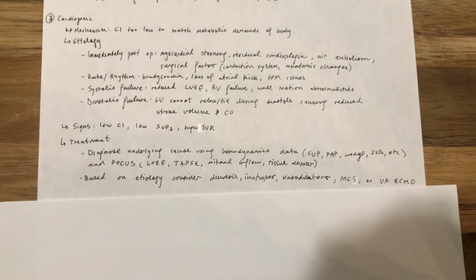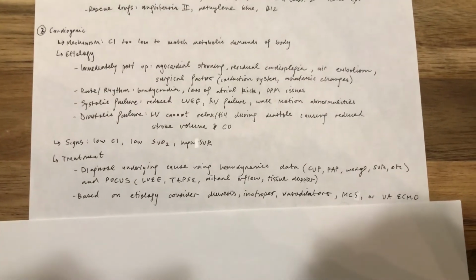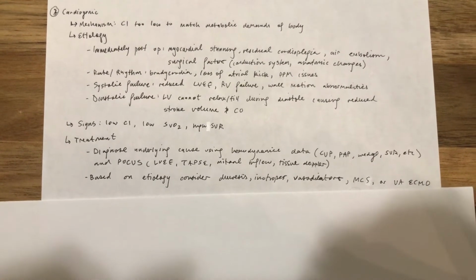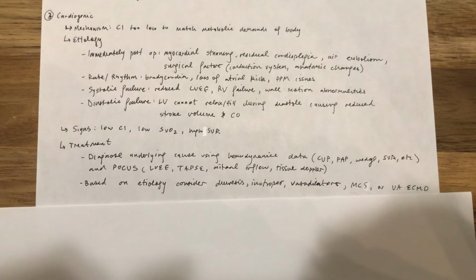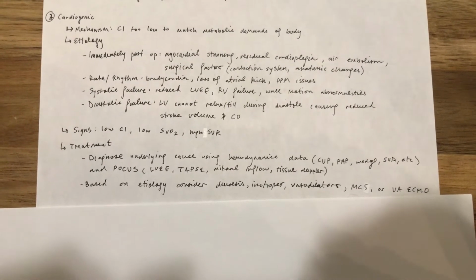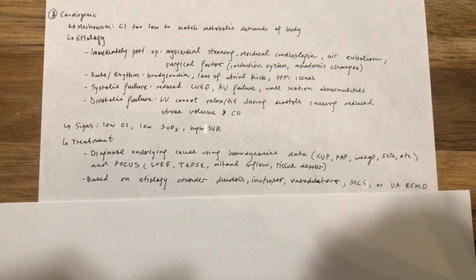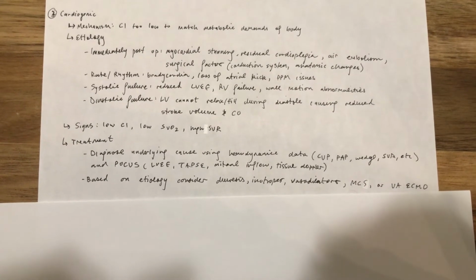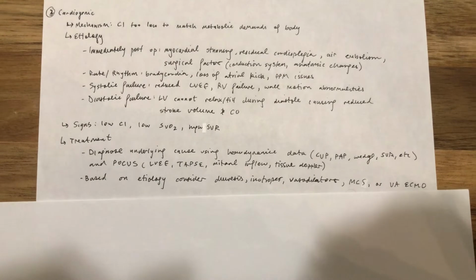partly because you can have multiple of these things happening at the same time, and you don't always know which one is clinically dominant. So I separated these into 4 categories for simplicity's sake, just to make a framework for us to discuss the different etiologies of cardiogenic shock.